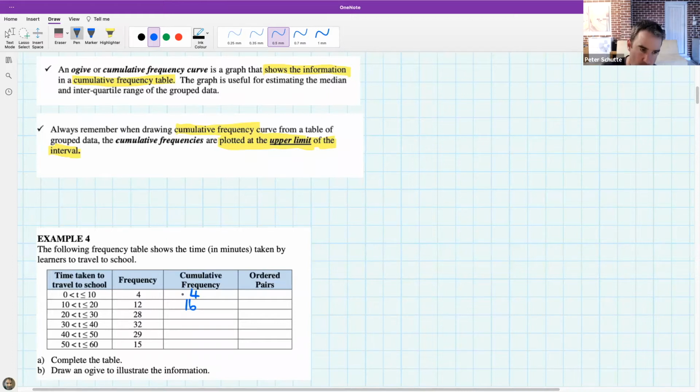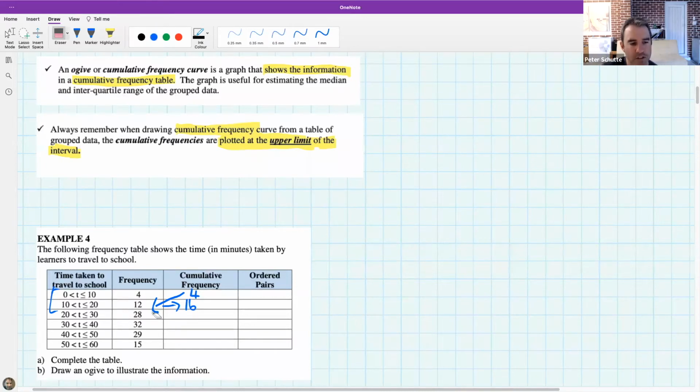And what you're going to do is you're going to say, what is 4 plus 12? And that gives you 16. Okay. So basically what that's saying, if you look at the data here, there are 16 students who take between 0 and 20 minutes to get to school.